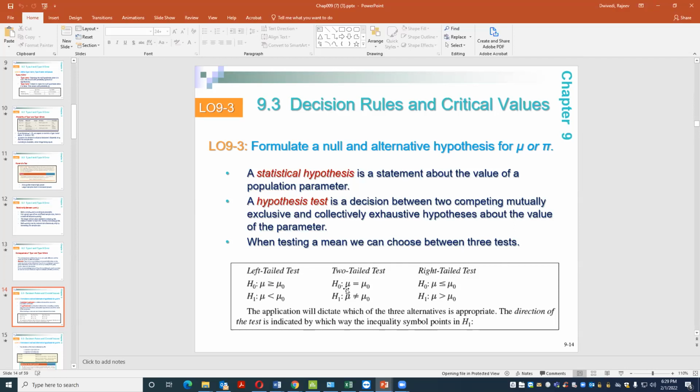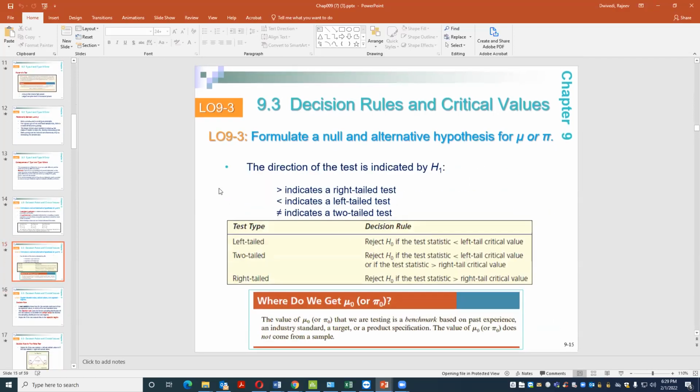Mu is the mean. For the left tail test, reject H0 if the test statistic is less than the critical value. What is the critical value? It is the ideal value, the T value at the 5% significance level.